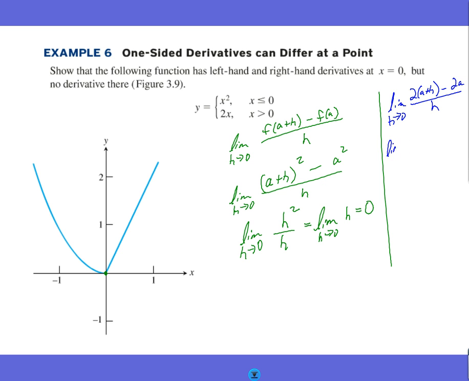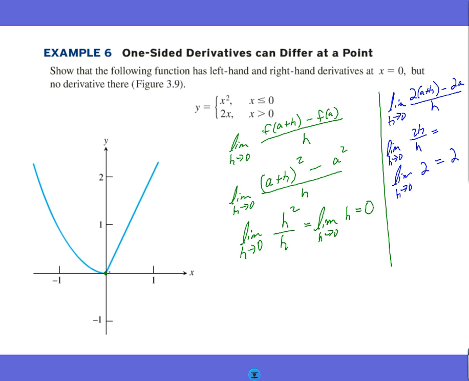Now I have the limit as h goes to 0 of 2h over h, which is then equal to the limit as h goes to 0 of 2, which equals 2. So as my slope comes from the left, it approaches 0. As my slope approaches from the right side, it approaches 2.